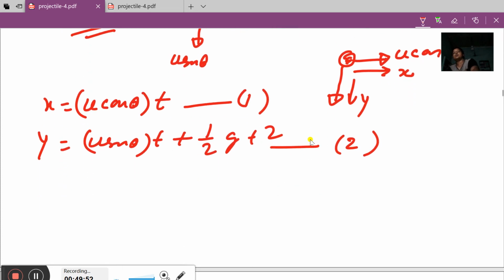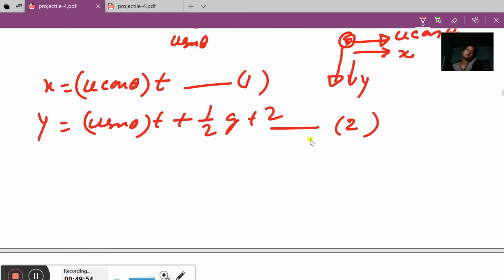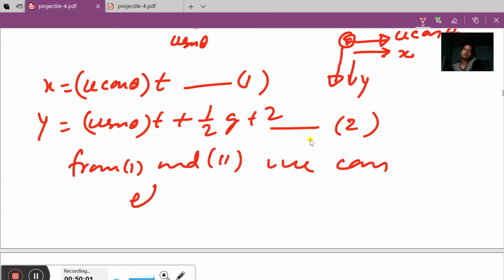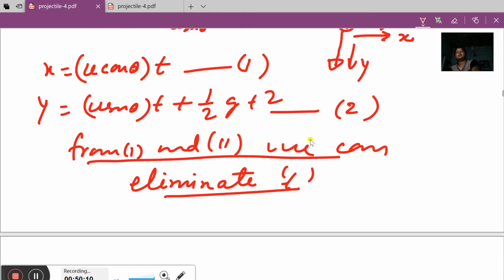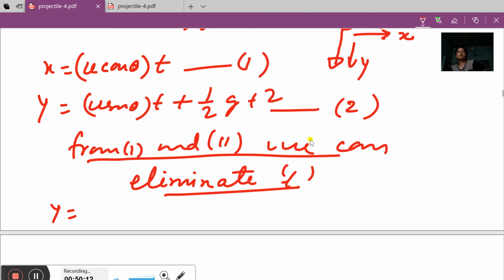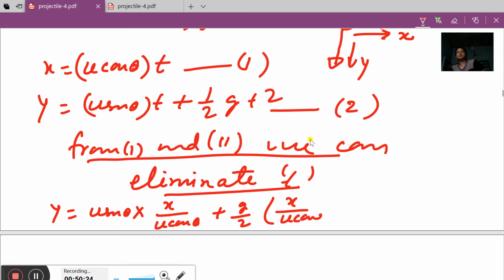From 1 and 2, we can eliminate t. y equals u sin theta into t, where t is x over u cos theta, plus g over 2 into x over u cos theta whole square.